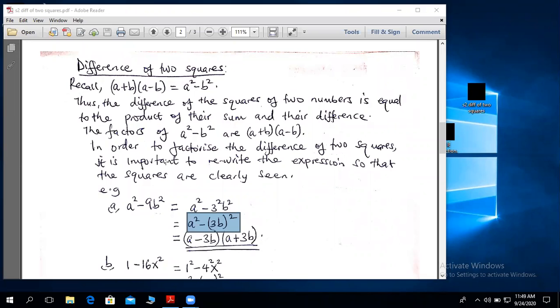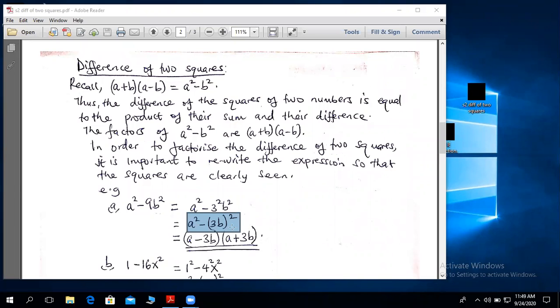So the difference of 2 squares, when you have 2 squares and they are being subtracted, the answer you get will be the product of the sum of those 2 numbers and their difference.